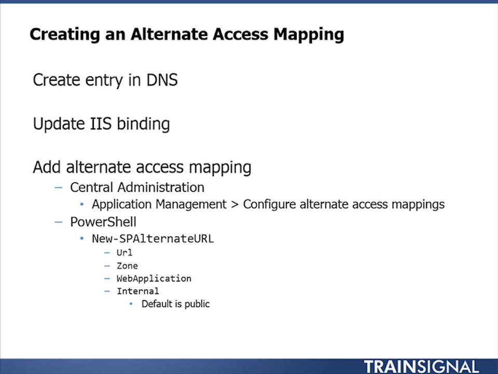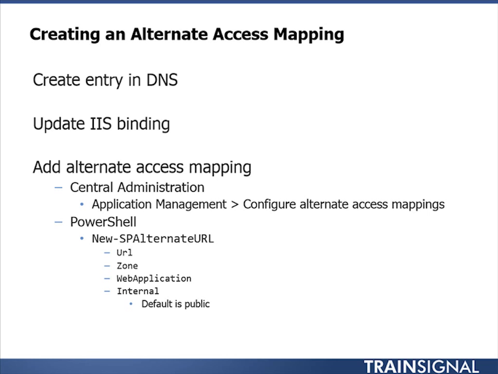And then I need to add in the access mapping by going into Central Administration, Application Management, and then Configure Alternate Access Mappings, or through PowerShell, call the New-SPAlternateURL cmdlet. And off of there, the parameters that I'm going to have are the URL, the zone, the web application, and whether or not I want it to be internal. And by the way, the default is public.